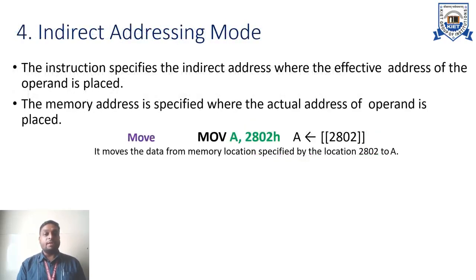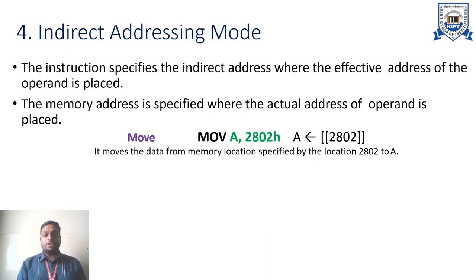Next is indirect addressing mode. The difference between direct and indirect is that in the previous one, we load the content of the location specified, but in case of indirect, the content of the address specified gives the address of the operand.